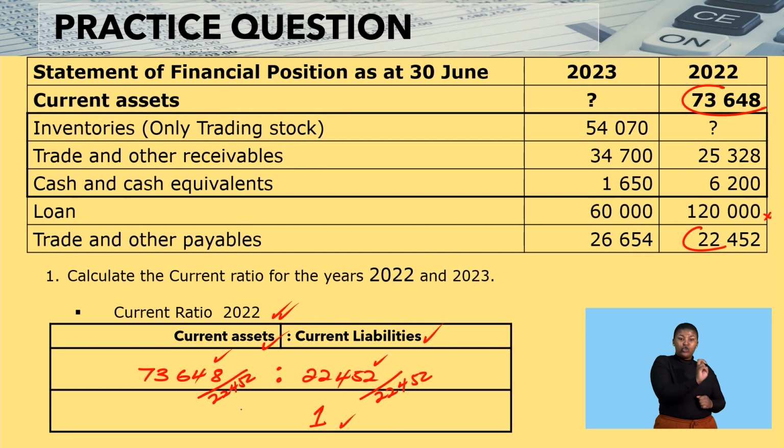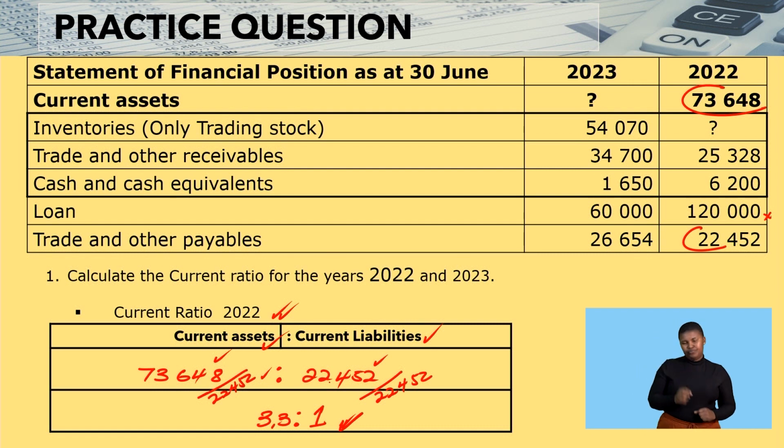You get 3.3 as to 1. That is how you calculate your current ratio. You divide 22,452 by 22,452, you get 1. Then you take your current assets, 73,648, divide it by 22,452, and you get 3.3 as to 1. That is your current ratio for the year 2022.